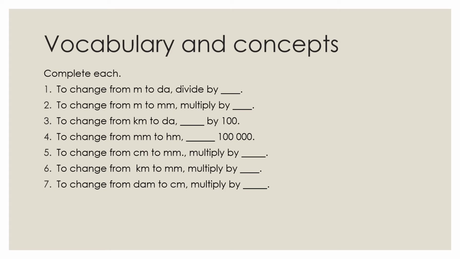Okay, let us continue. So, we have vocabulary and concepts. So, let us have the pen. Now, complete each. To change from meter to decameter, divide by, okay, so balikan natin po yung metric converter.